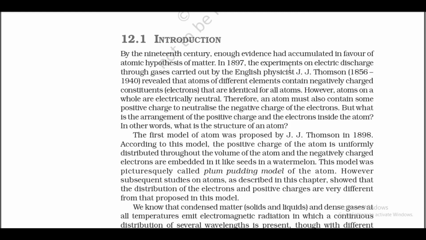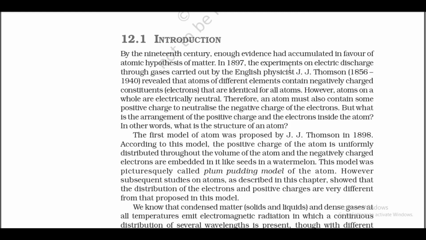According to this model, the positive charge of the atom is uniformly distributed throughout the volume of the atom, and the negatively charged electrons are embedded in it like seeds in a watermelon. This model was picturesquely called the plum pudding model of the atom.